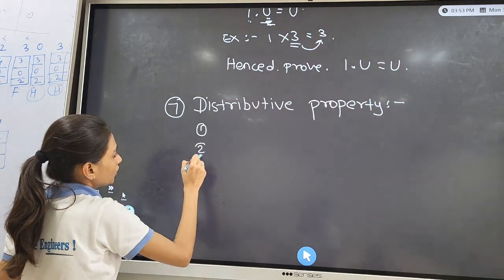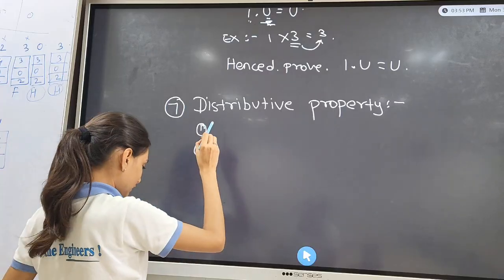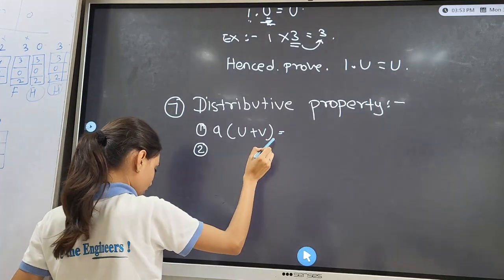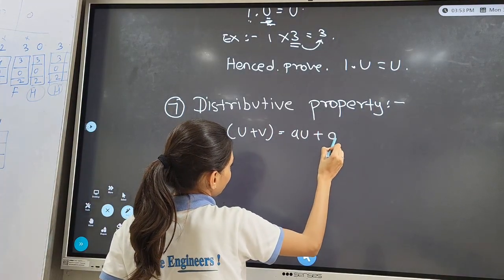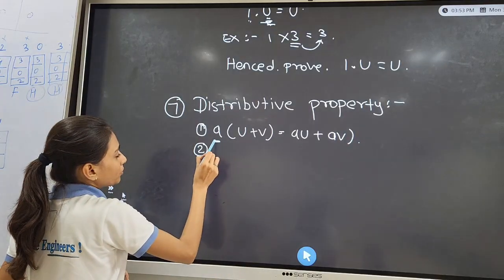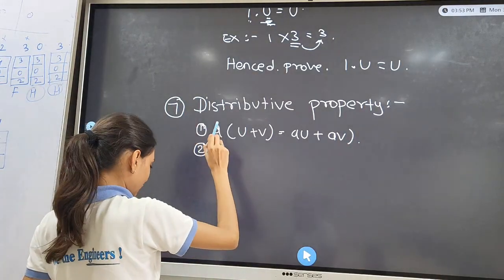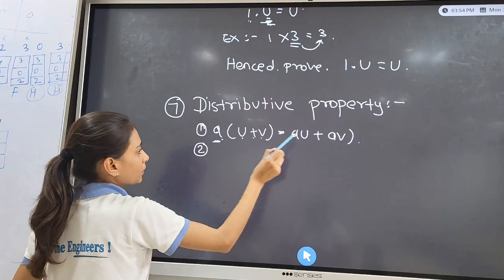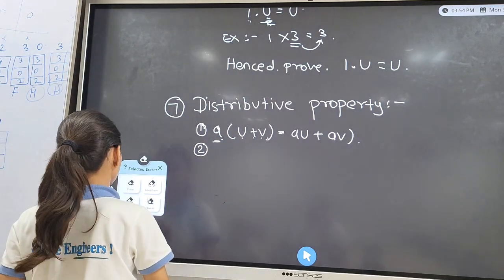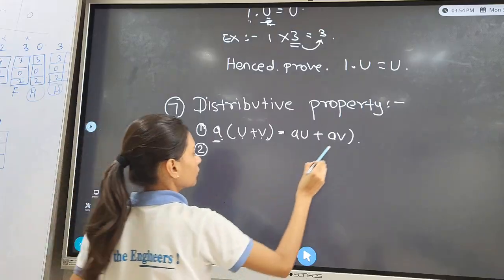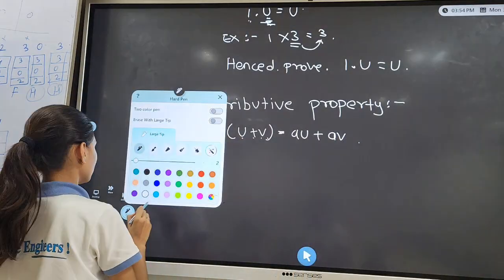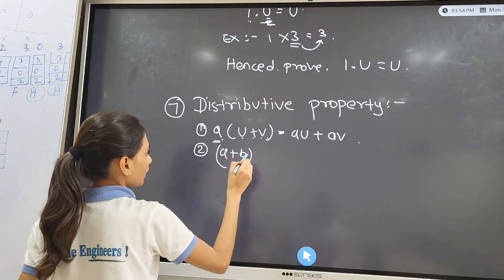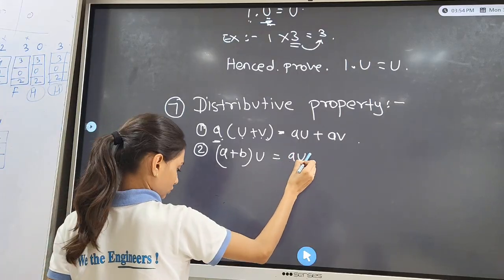There are two of them. The first one is A into U plus V is equal to AU plus AV, which means when we multiply A with U plus V, then we get A into U plus A into V. And the second one is A plus B into U is equal to AU plus BU.